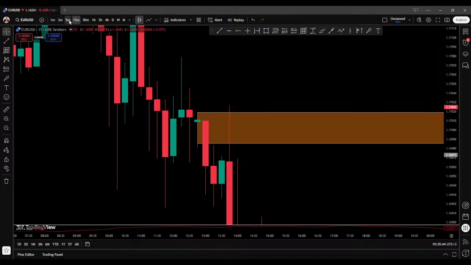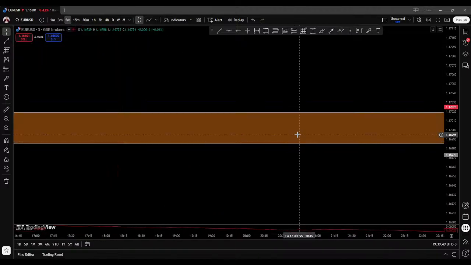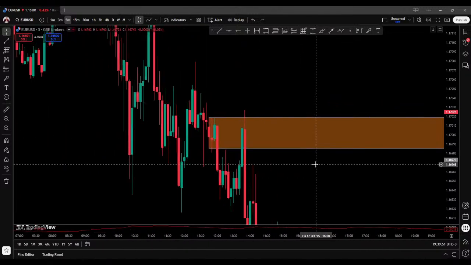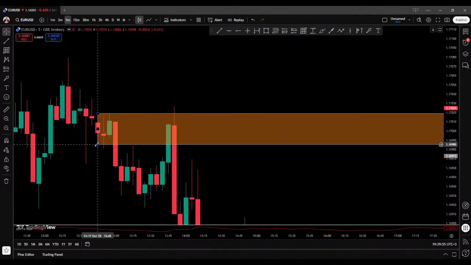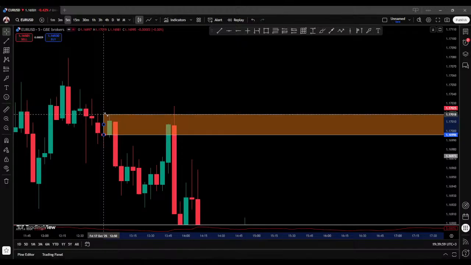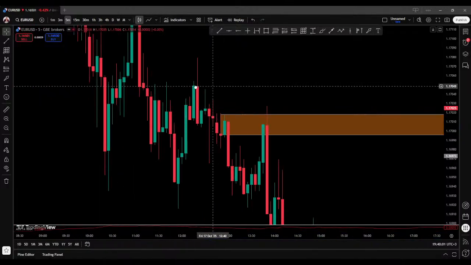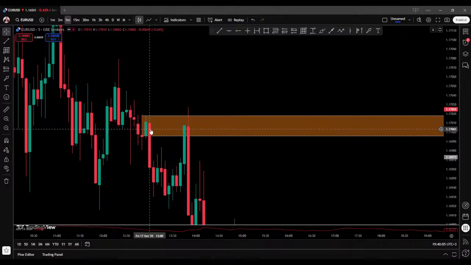So where do we go to? Go to 5 minutes. Aha, something is here. Can you see there is a breaker block here? Because it was taken out. So this is a breaker block.